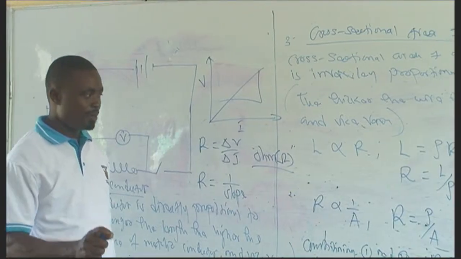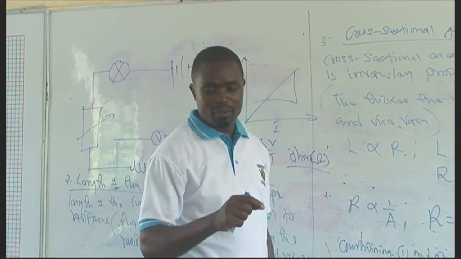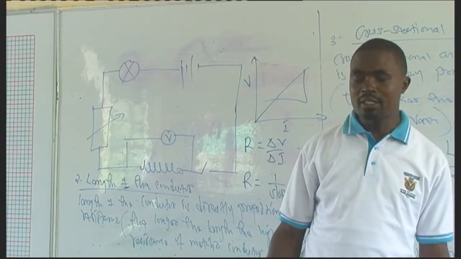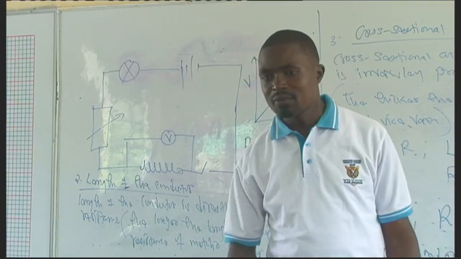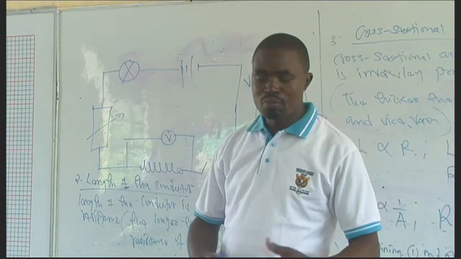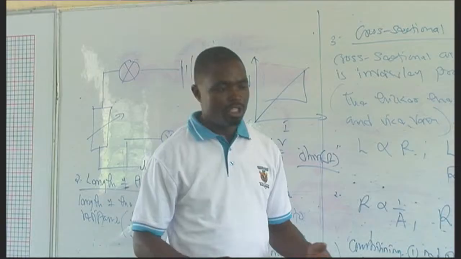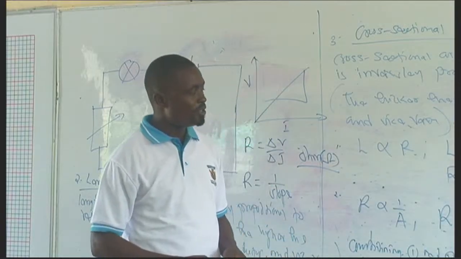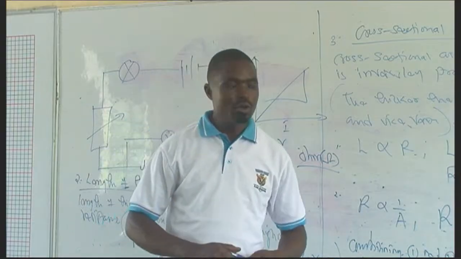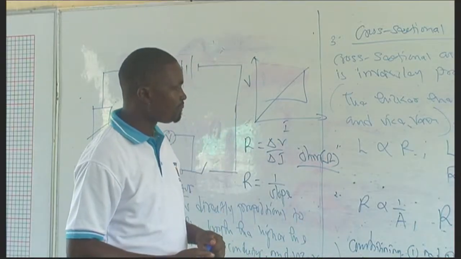They are like the thermistor, diode, torch bulb, etc. If you use them in your experiment, your graph will be a curve because they don't obey Ohm's law.